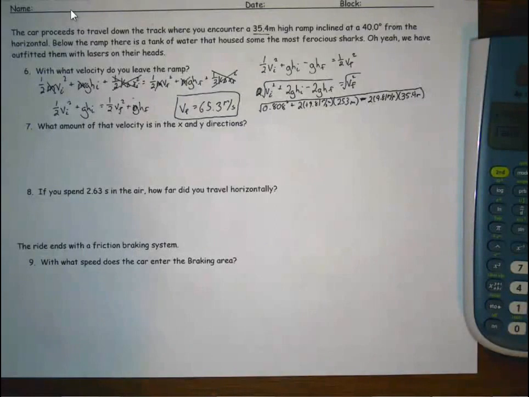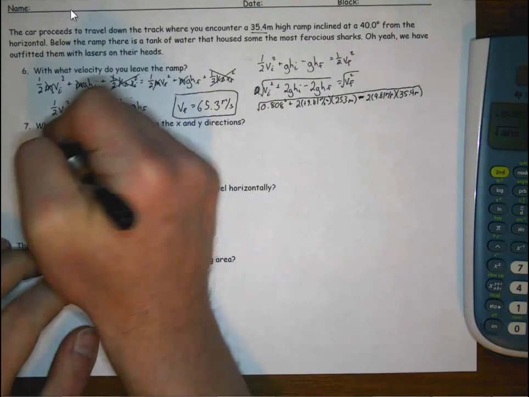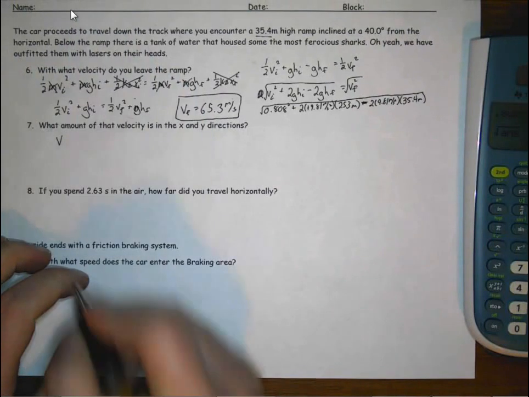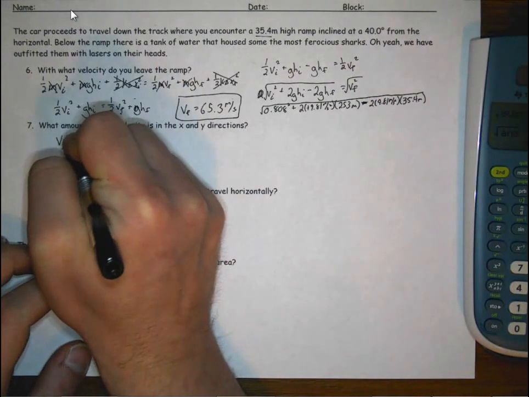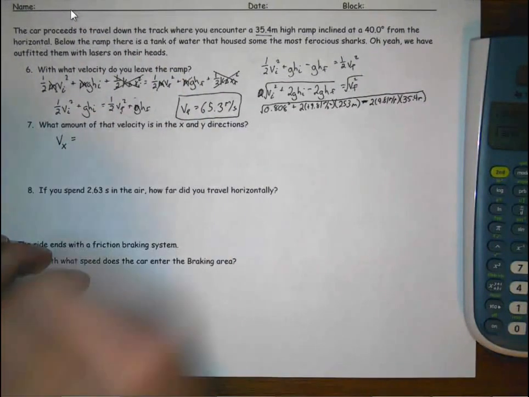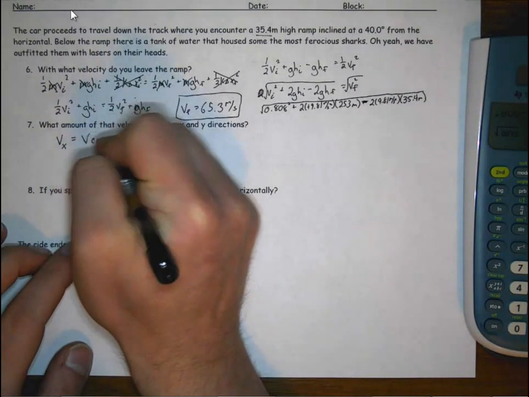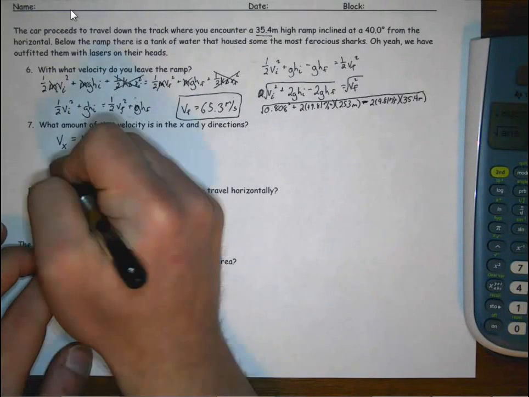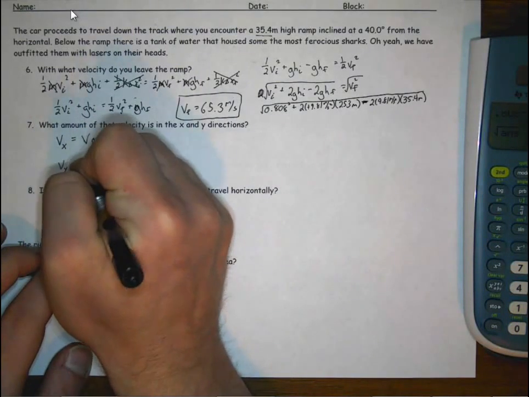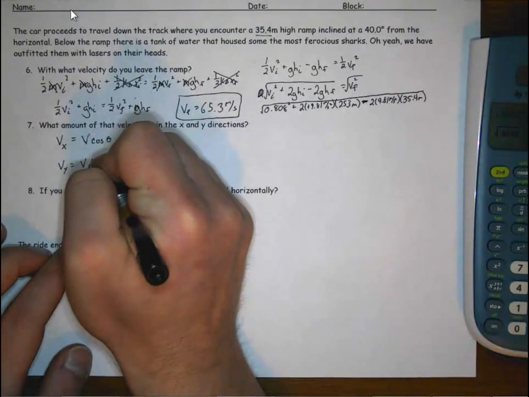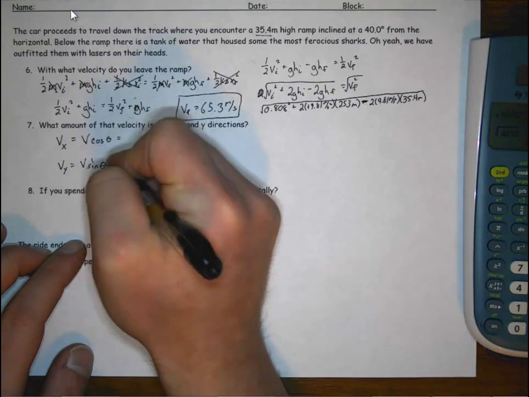Now, I want to know what is my velocity in both the x and y directions. Well, we know that the velocity in the x direction from kinematics is the velocity times the cosine of the angle theta. We also know that the velocity in the y direction is going to be the velocity times the sine of the angle theta, or the angle of the ramp.